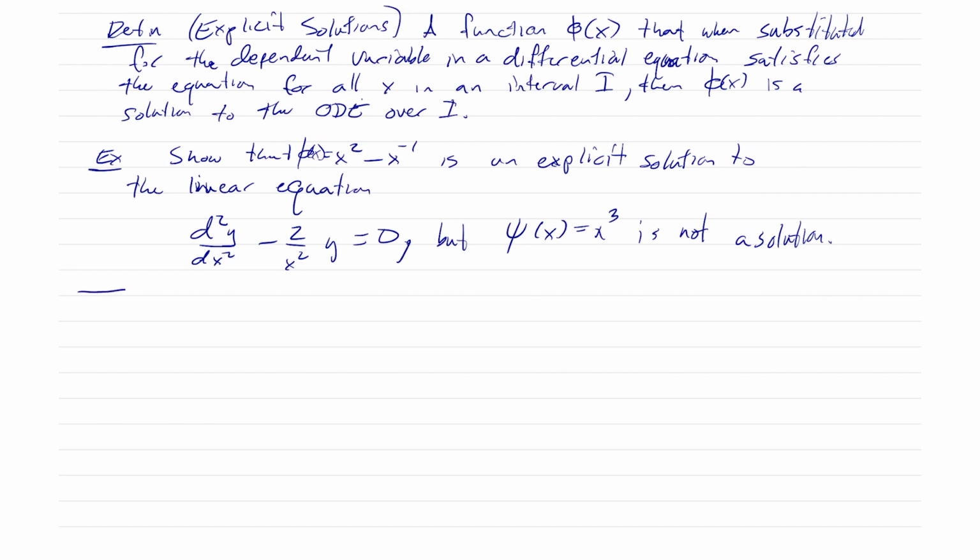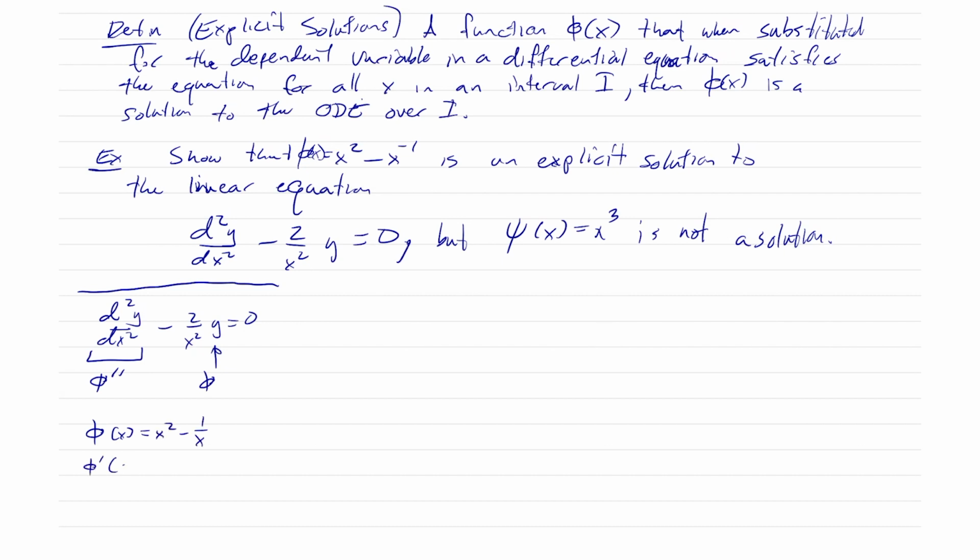Okay, so what we're going to do is basically try to plug things in. So we have d squared y over dx squared minus 2 over x squared y is equal to 0. We want to go ahead and plug phi into here. So that means we need to find phi double prime. So let's go ahead and just write phi of x is equal to x squared minus 1 over x.